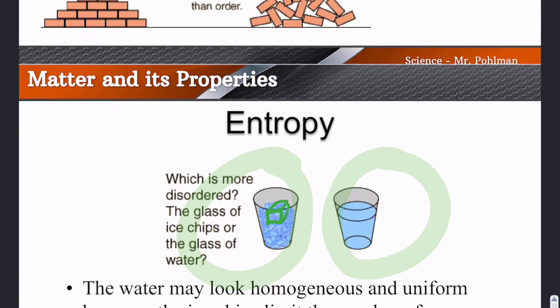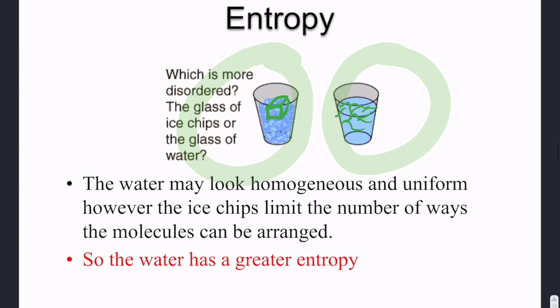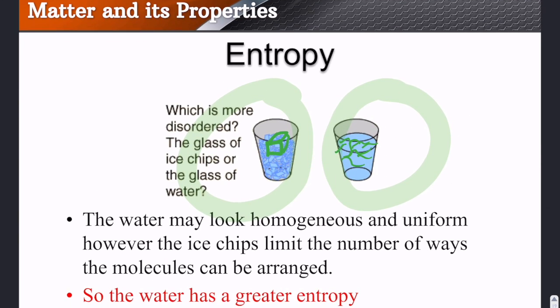In the water, those particles are free moving and can take any shape of the container that it's in, right? So which one is more unorganized? Which one has less order to its system? That's the same thing as saying which one has a greater entropy. The one that has a greater entropy is the water.